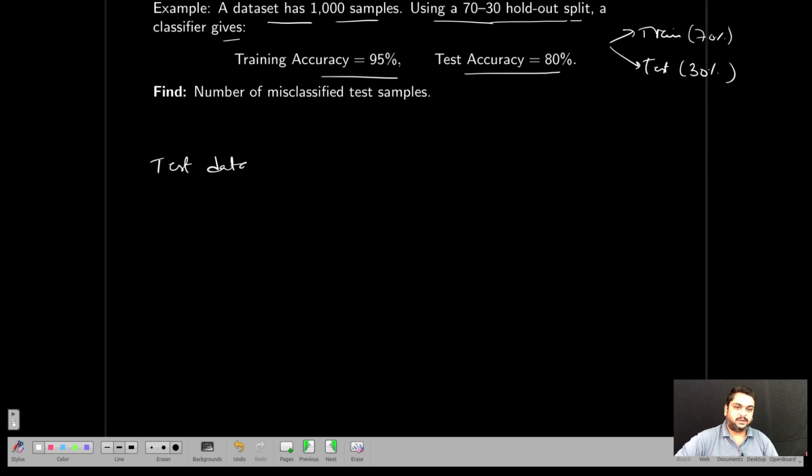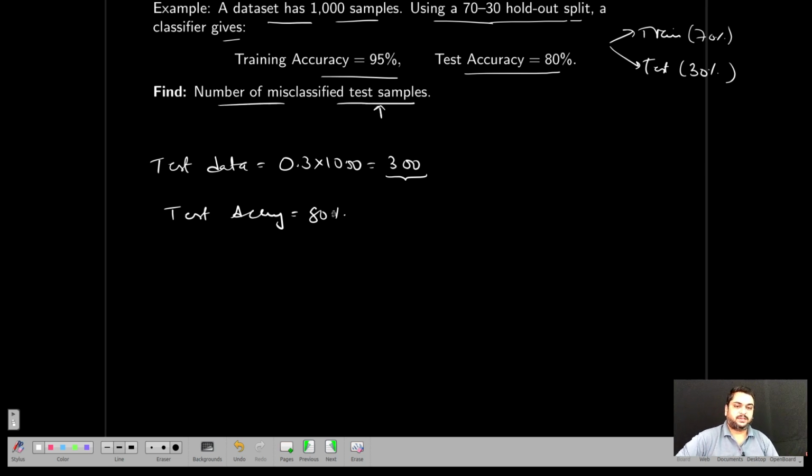So test data is how many data points now? 30% means 0.3 times 1000. So 300 samples are for test, randomly chosen. Then the test accuracy is 80%. So that means what? Find the number of misclassified test samples.